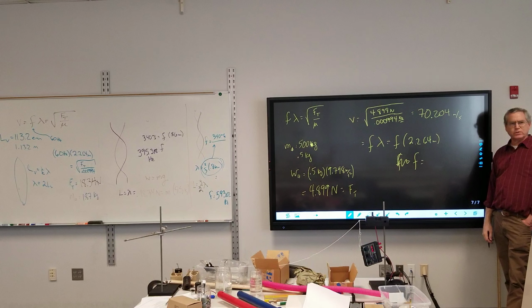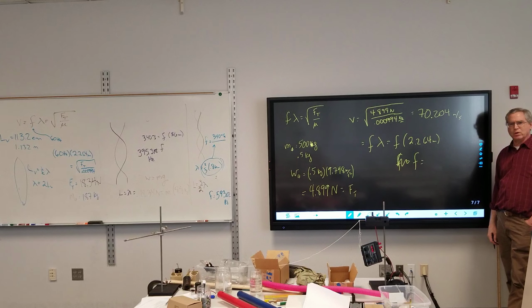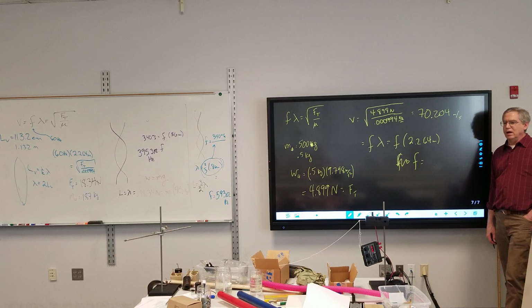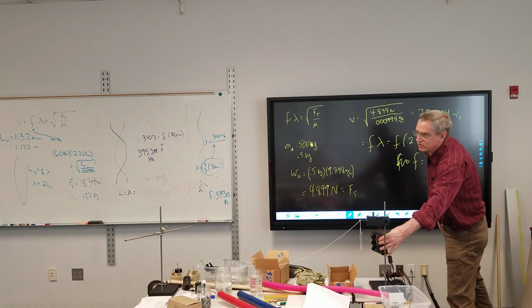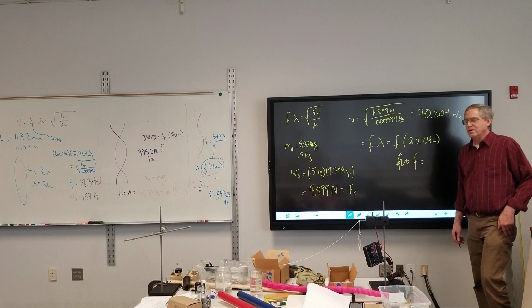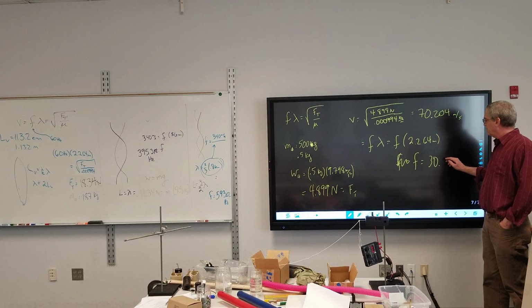So what is the frequency that will work? Is the frequency about the same because it's coming from the wall? No, this device right here can change the frequency. 30.919 hertz.